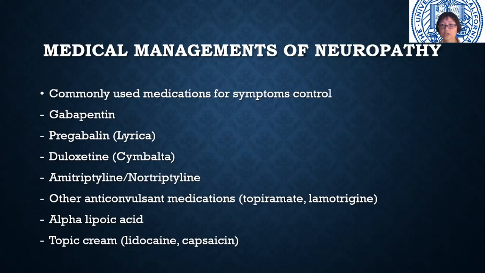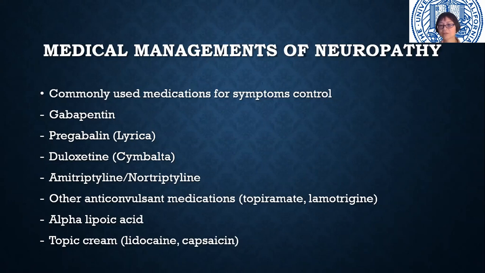Alpha-lipoic acid is not a medication, it's an antioxidant. It may help improve the symptoms of numbness, tingling, and pain. There is a small clinical trial done before in patients with diabetic neuropathy that showed some improvement of pain control, although individual response could be different.